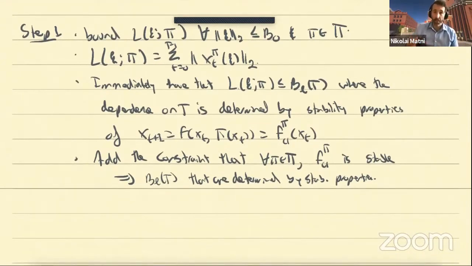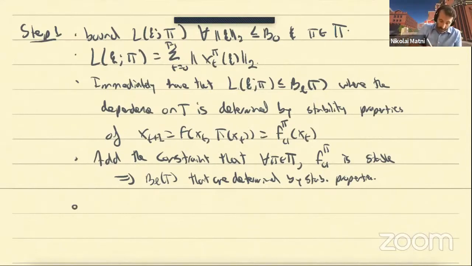So this suggests solving a constrained empirical risk minimization where you have the additional constraint that f closed loop of pi is stable in any one of the suitable ways that we defined previously. And those will then transfer over to the dependence of the bound on t.